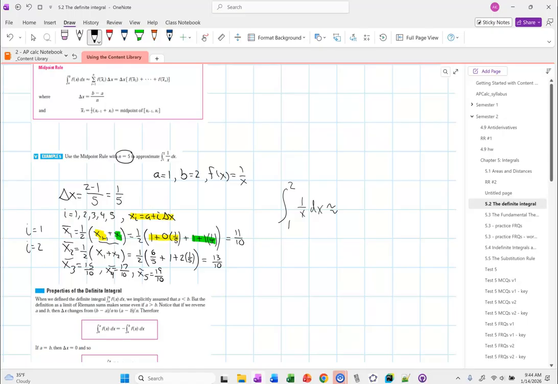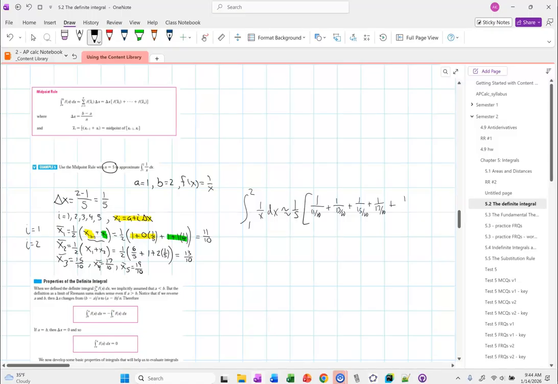We have delta x, which is 1/5, times 1 over 11/10 plus 1 over 13/10 plus 1 over 15/10 plus 1 over 17/10 plus 1 over 19/10. Everybody's okay? And now we just add some fractions and we're done, right?